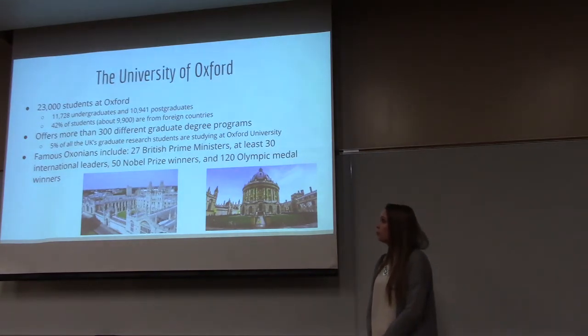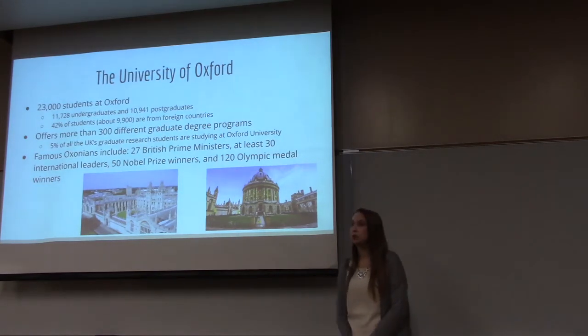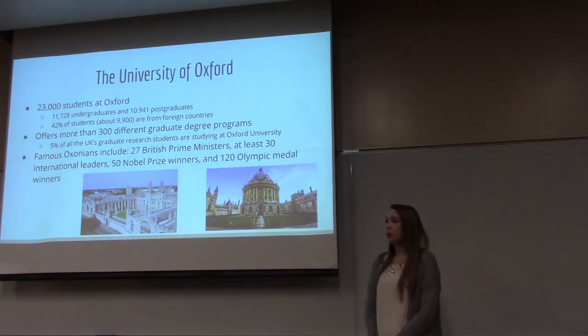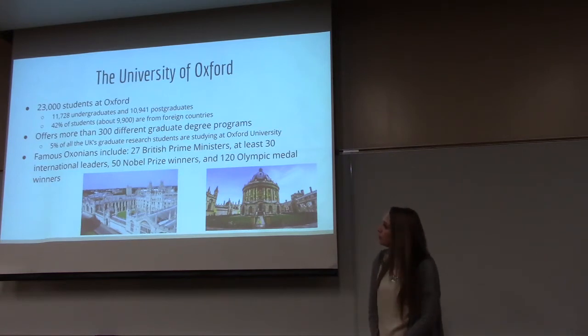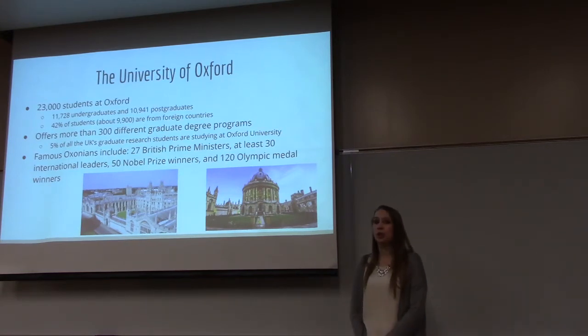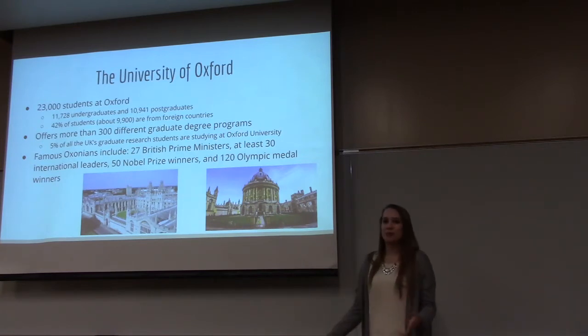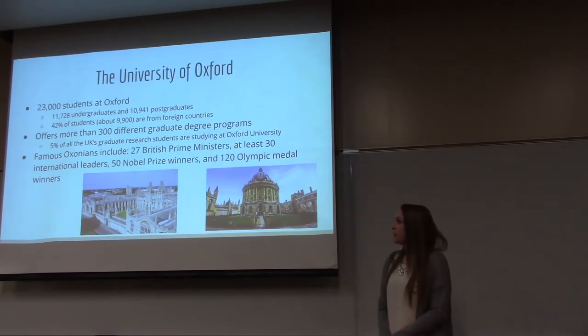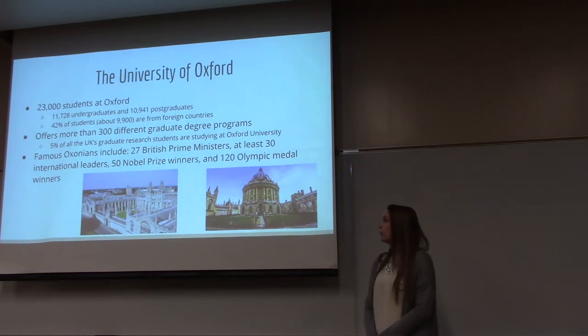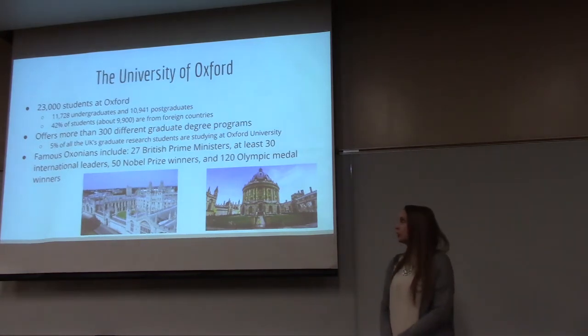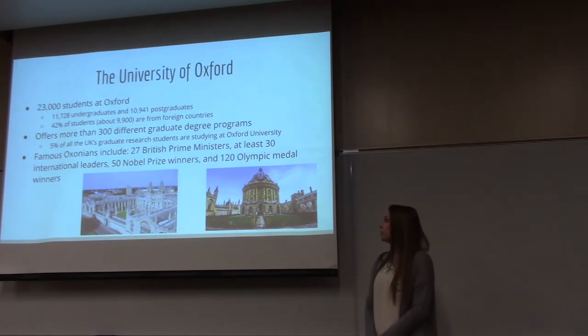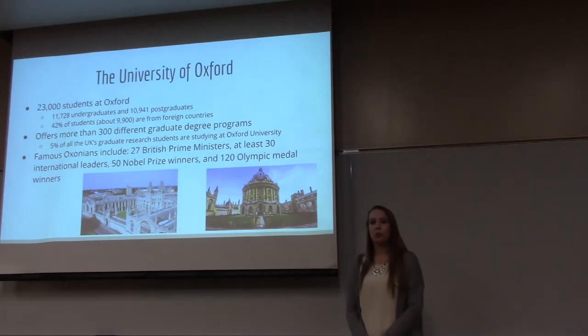They also offer more than 300 graduate degree programs, and 5% of the UK's graduate research comes from Oxford. Just to show how famous Oxford is, there are many famous Oxonians, which include 27 prime ministers, at least 30 international leaders, 50 Nobel Prize winners, and 120 Olympic gold medalists.